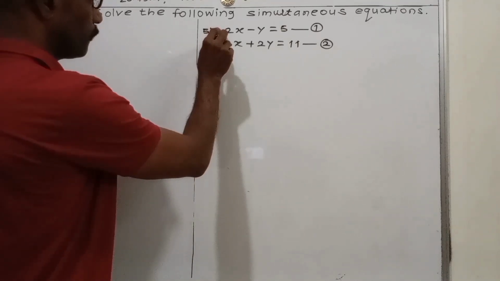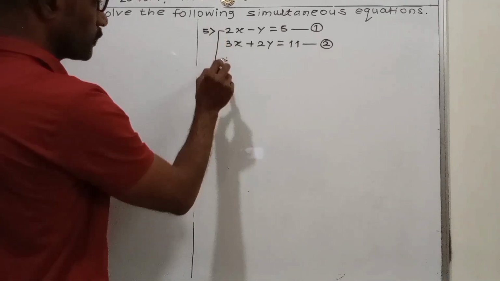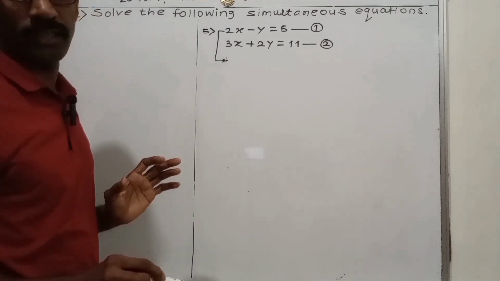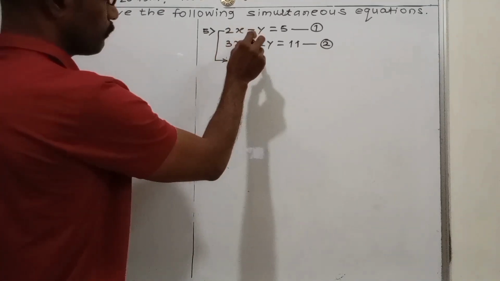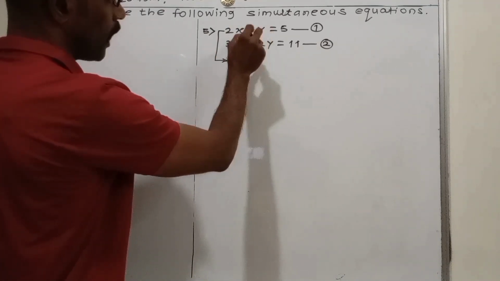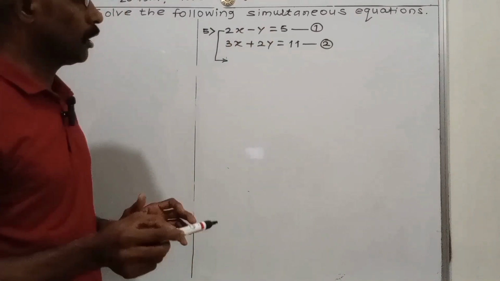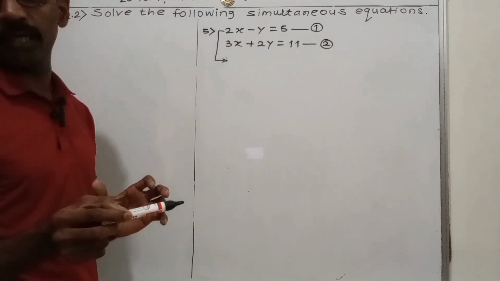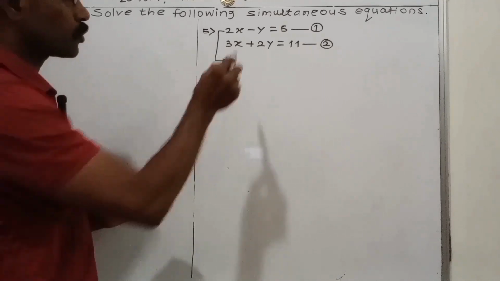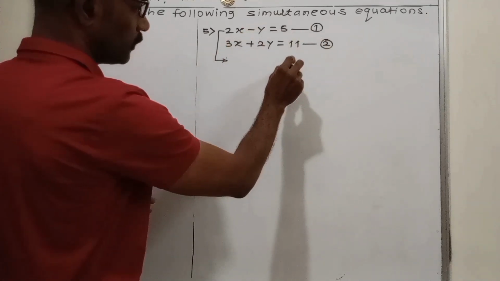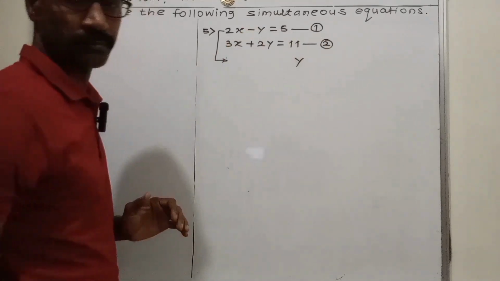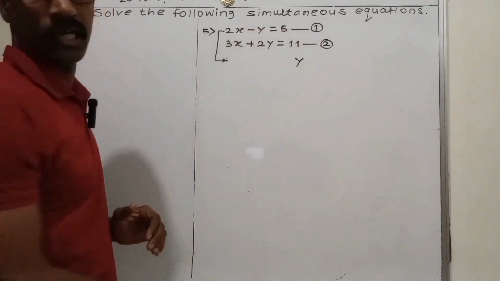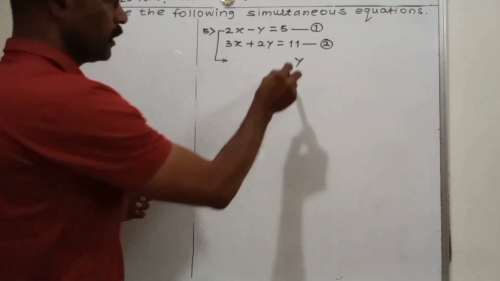For that, we take this equation number 1. In this equation number 1, we take this y. I have told you we want variable positive. So we take this y to the right side. Then minus becomes plus.